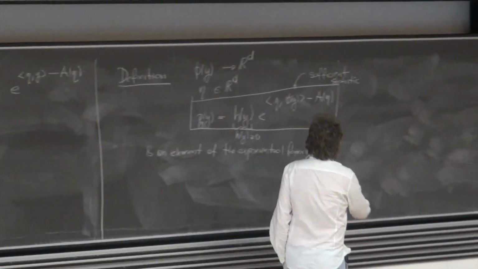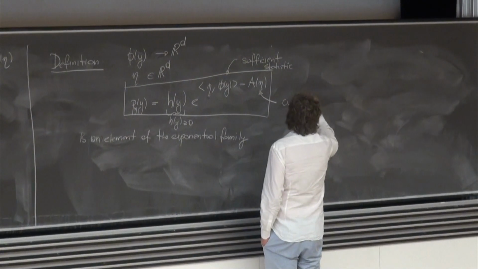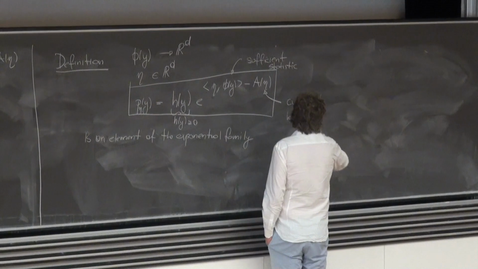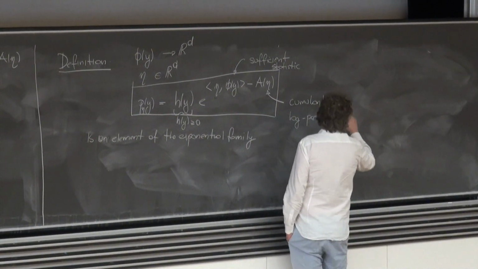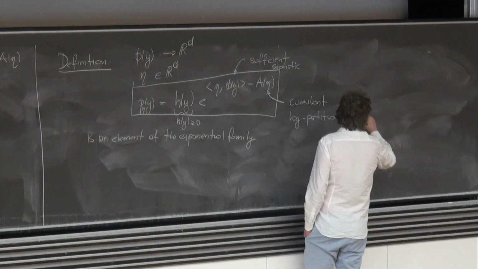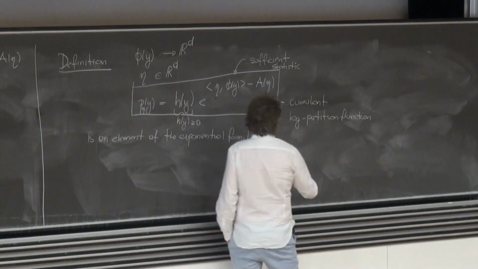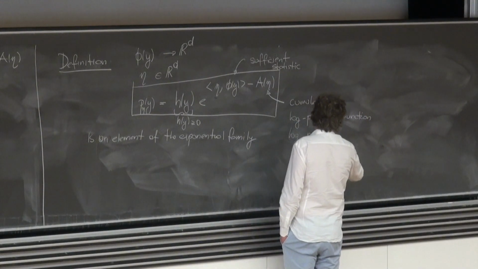Now, this parameter here has many names. It's called a cumulant. It's also called the log partition function. Now, this might be even more mysterious. Okay, it's also just the log of a normalization constant.